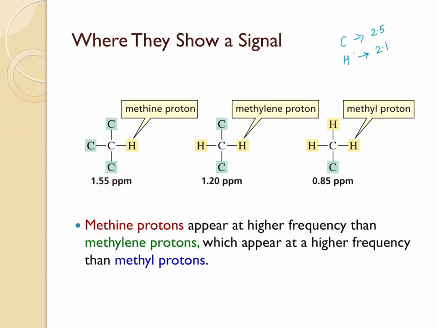Because of which these hydrogens are said to be in an electron poor environment. So this is in an electron poor environment because of the electronegativity of three carbons, whereas these hydrogens are in a comparatively electron rich environment.